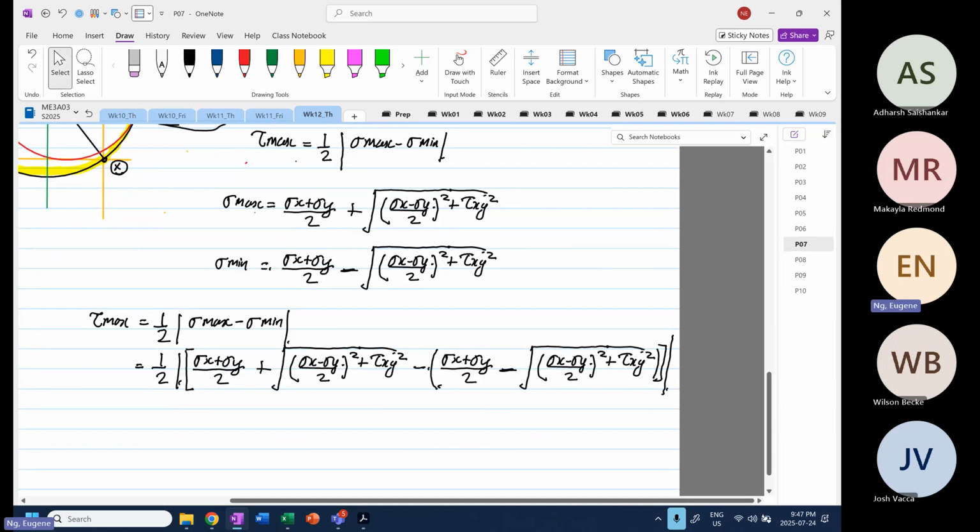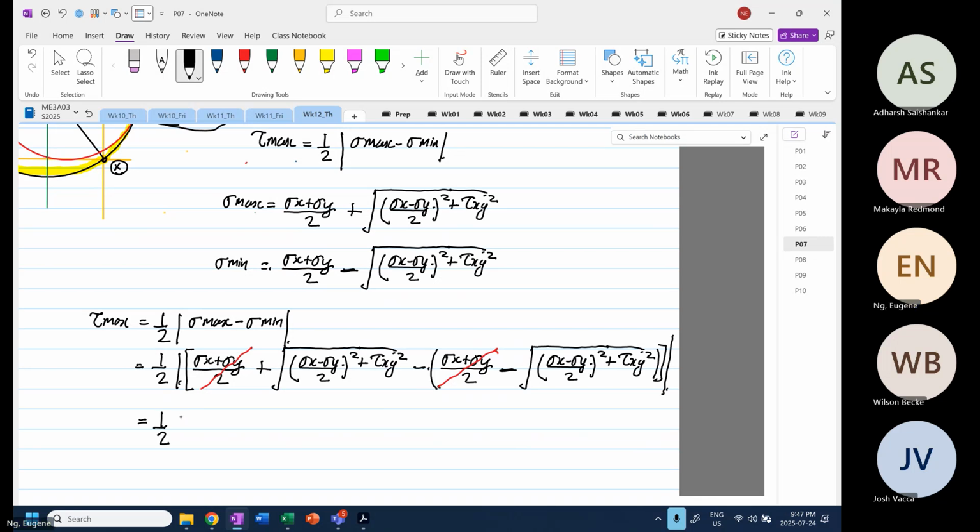So when you remove the bracket, you can get rid of here, you can get rid of here. Minus minus will become plus, so this will be equal to half square bracket 2, and then no need square. It's okay, I put a square.